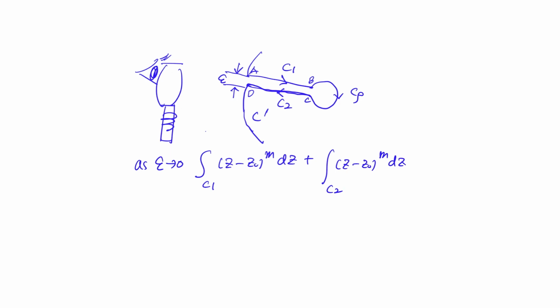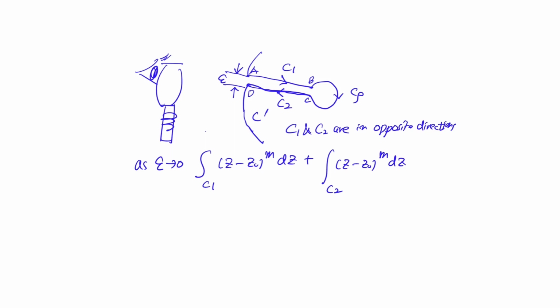And C2 is actually going from C to D. That means C1 and C2 are in opposite directions, right? So what happens if epsilon is going to 0?